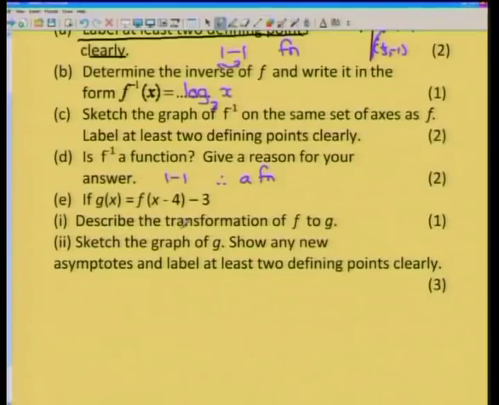Right, let's have a look at E now, where it tells me g of x is equal to f of x minus 4 minus 3. And the first question they ask me is to describe the transformation of f to g. Now, if we look at f, what are we doing? We are moving 4 units. Now, it's a negative 4, so we're going to move 4 units in the opposite direction to the sign, so to the right.